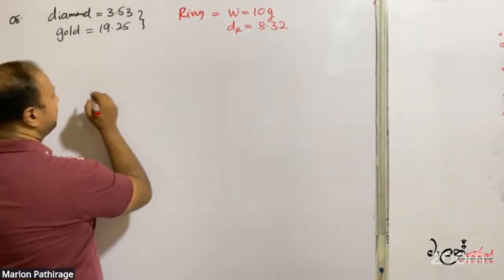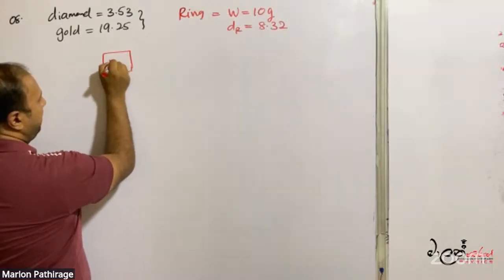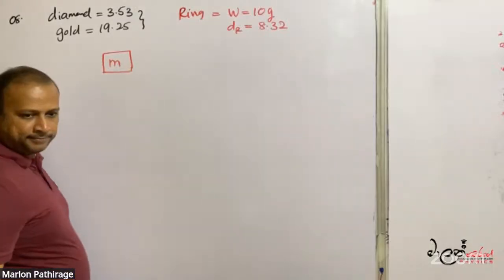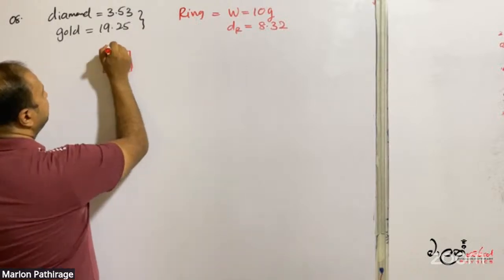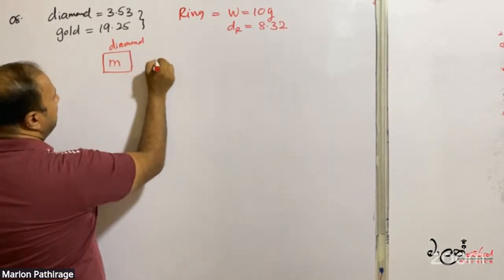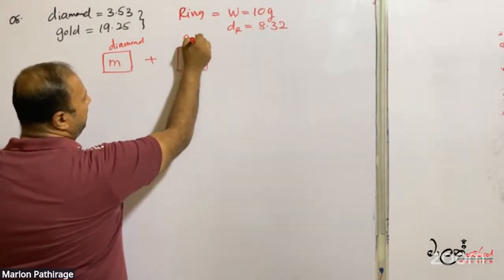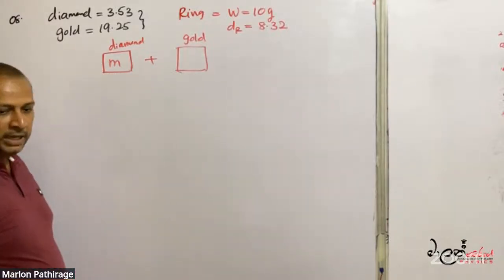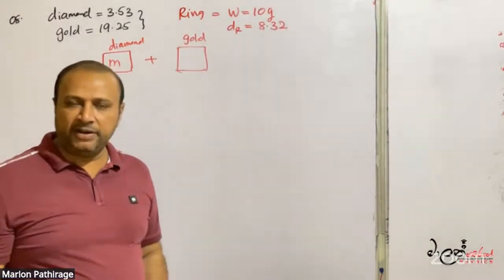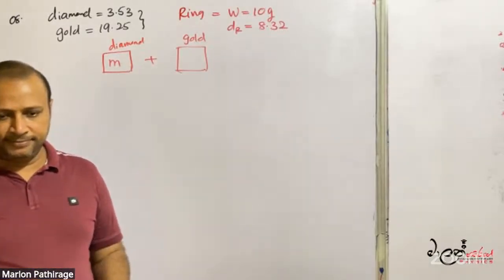Suppose the weight of diamond is M. Then definitely the weight of gold, what is the weight of gold if the weight of diamond is M?